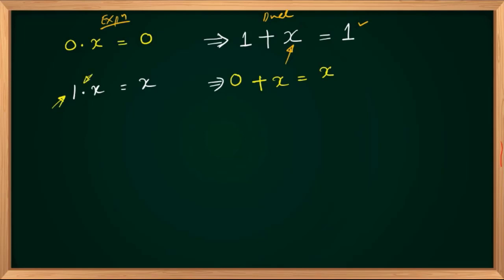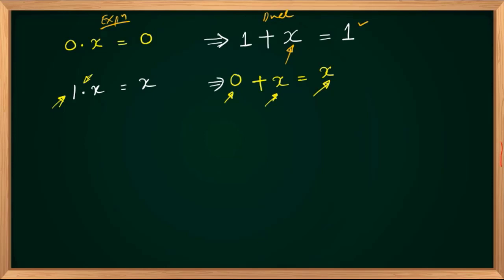So 0 OR x equals the variable on the right-hand side, with no change in the variable. So 0 OR with x will be x itself. If 0 is added with any Boolean variable, the result will be the same Boolean variable.